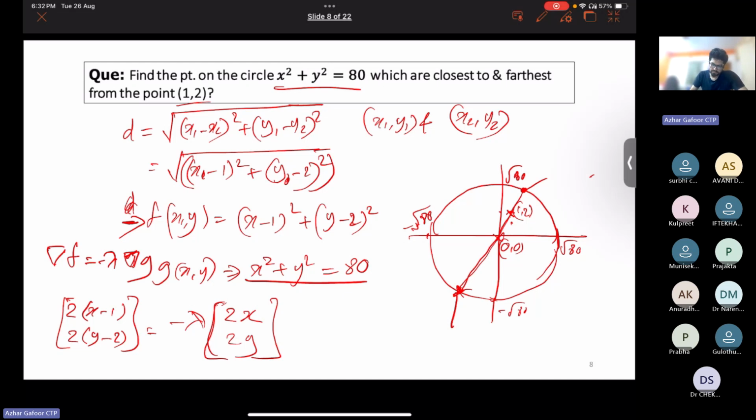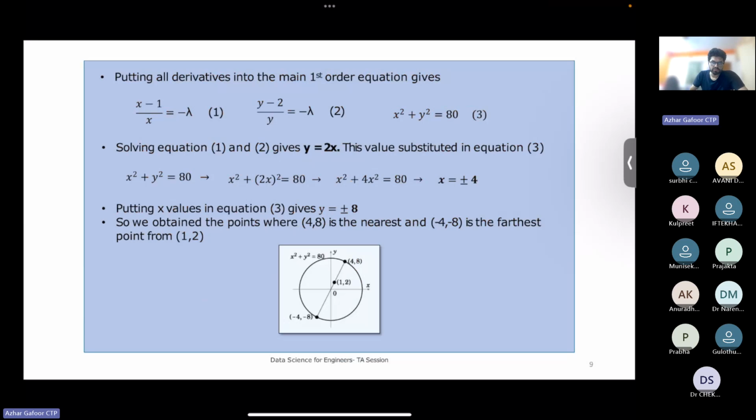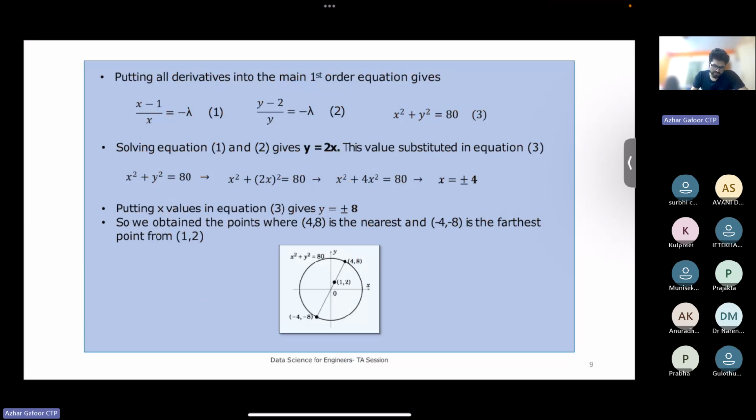So here is a solution. From the equations, we had 2x minus 1 equal to minus lambda into 2x.